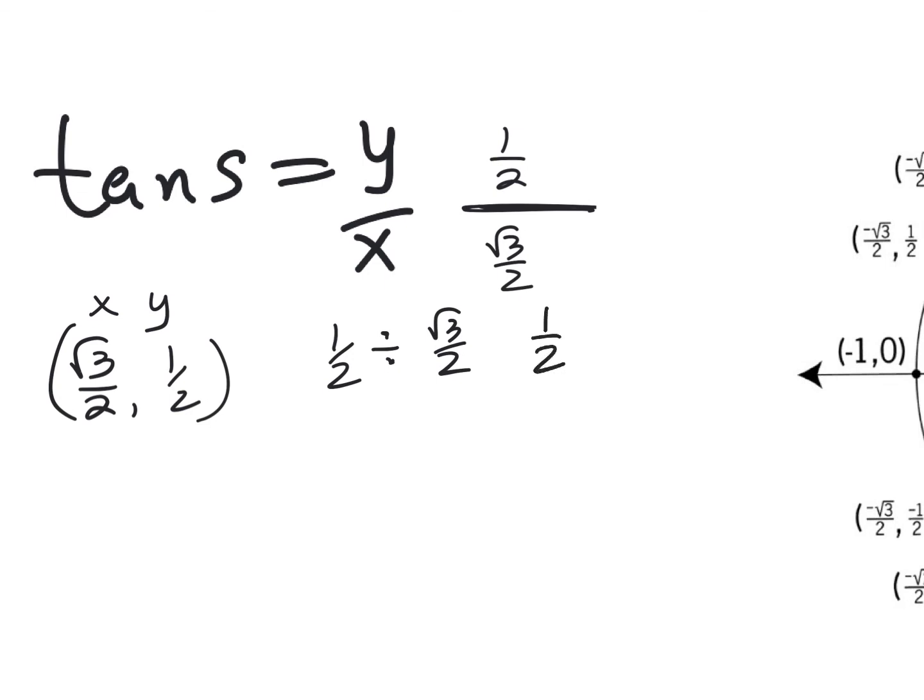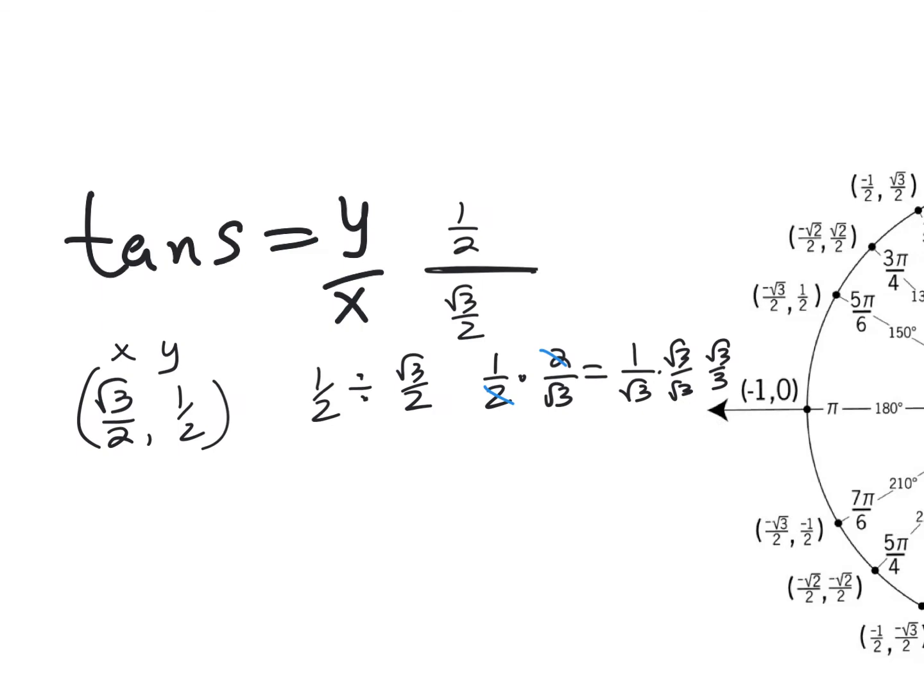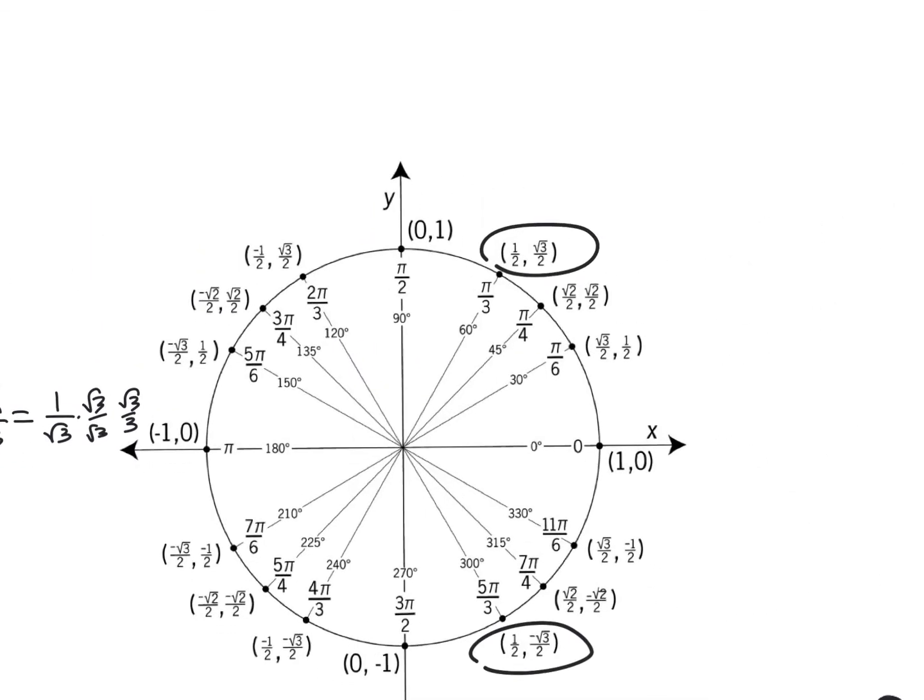So 1/2 times 2 over root 3. The 2s simplify, so now I'm left with 1 over root 3. Rationalize, I get root 3 over 3. So for this ordered pair, when I divide y by x, the tangent value is root 3 over 3.